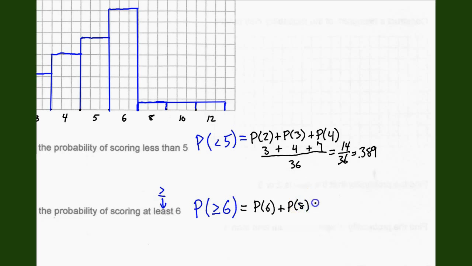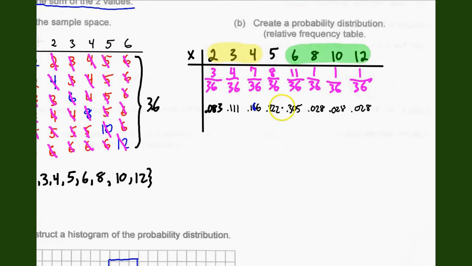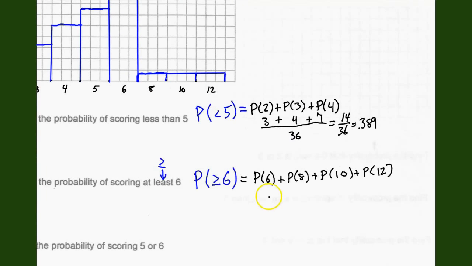There is no 7. There we go. So we have 11, 1, 1, and 1. Out of 36, which just happens to be the same.